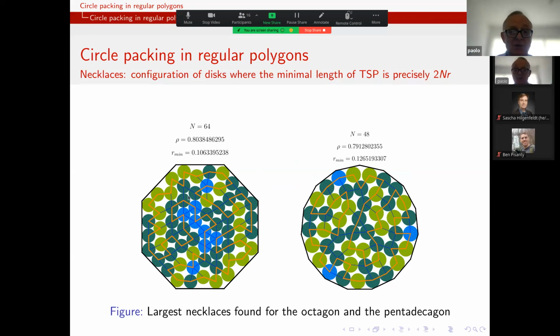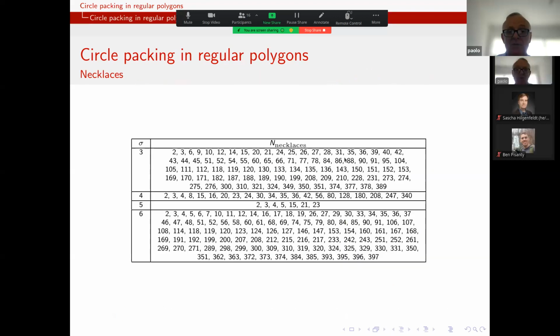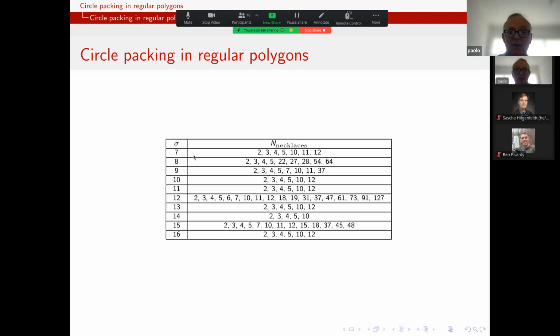This is the largest one I found for the octagon and the larger ones I found for the pentadecagon. In general, they are very rare, but they are not so rare for the triangle and for the hexagon, even for the square. But in general, not so many configurations are necklaces. For the dodecagon, there are, and I will show you what they are. Okay, so necklaces are not very common.